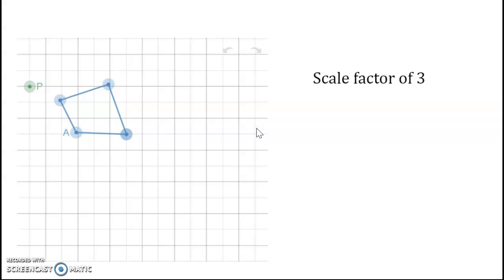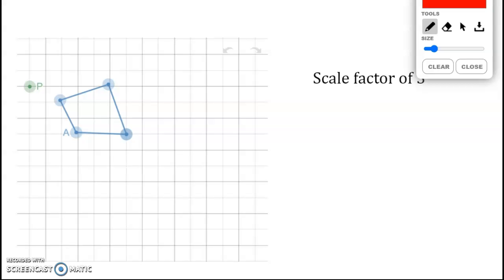Alright, so this is what you should have been doing. If you have a scale factor of 3, you are supposed to create an image with a scale factor of 3. How would I do that? Well, I am going to use the same method that I used to figure out the vertex. To find the corresponding vertex to this point, I know that from the center it moved 2 to the right and 1 down.